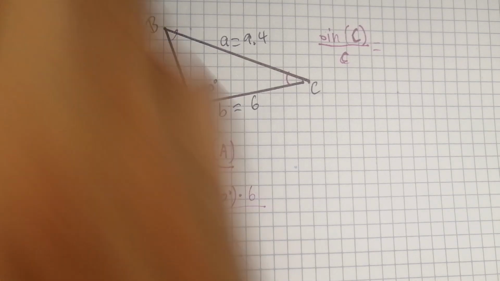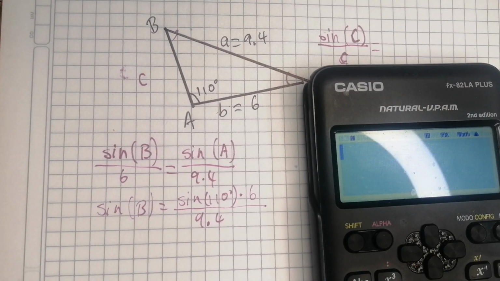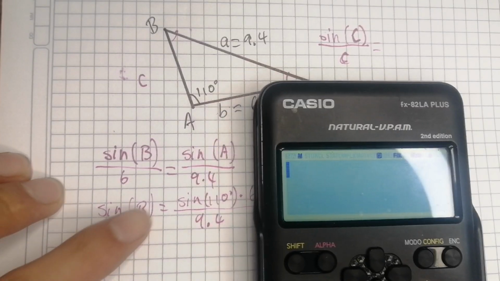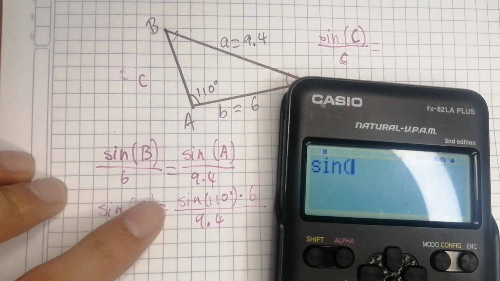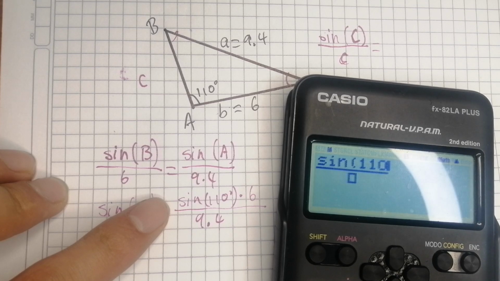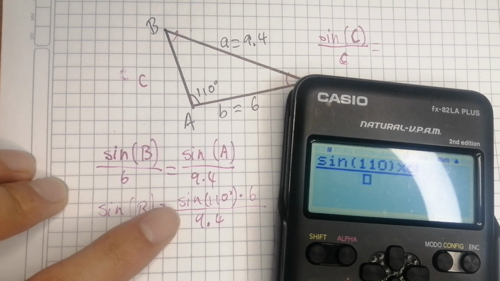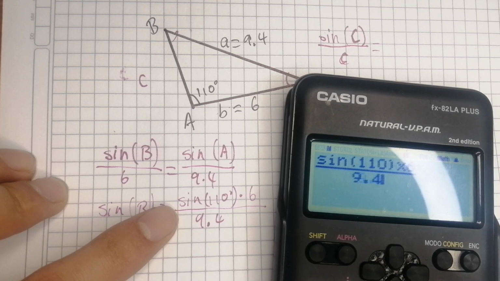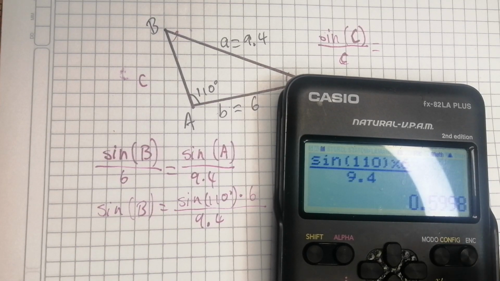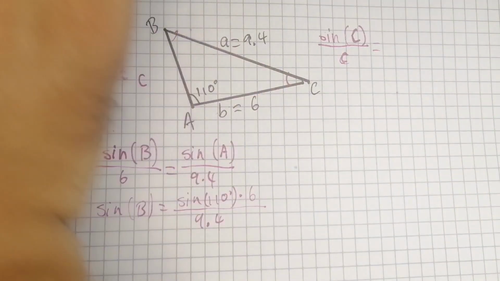We go to a calculator and we have the following. The fraction, sine of 110 times 6 divided by 9.4 is equal to 0.5998.